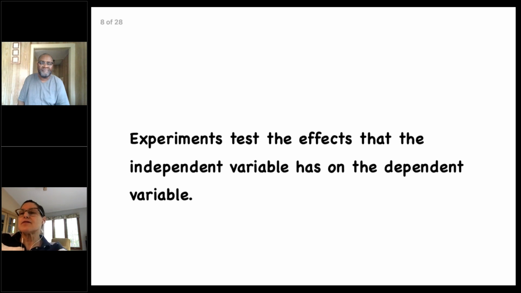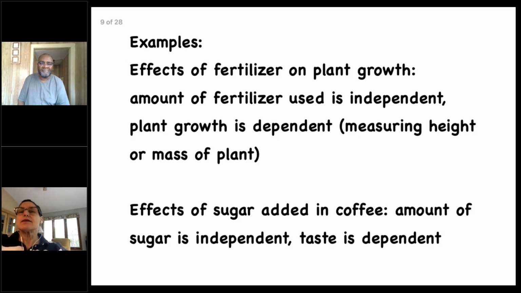Experiments test the effects that the independent variable has on the dependent variable, and we're going to give you some examples. So let's say you have fertilizer. The effect of fertilizer on plant growth is an experiment. The amount of fertilizer used is the independent variable, so we're controlling that. The plant growth is what happens after, and that's dependent, and you're measuring the height of the plant.